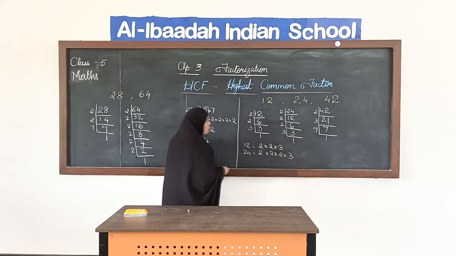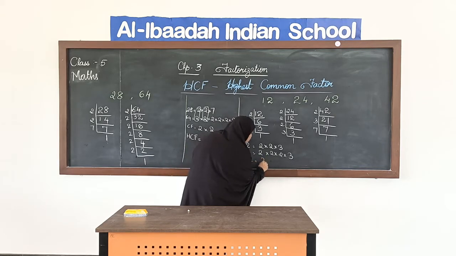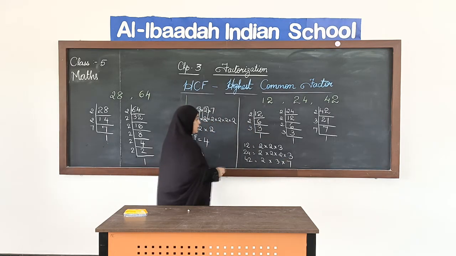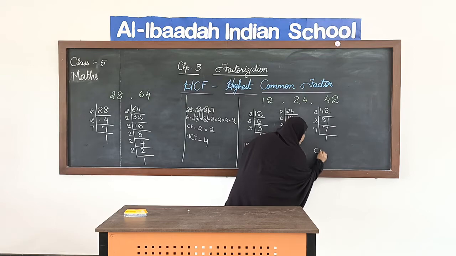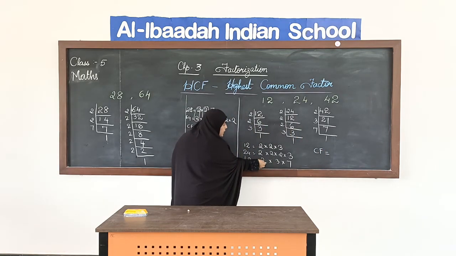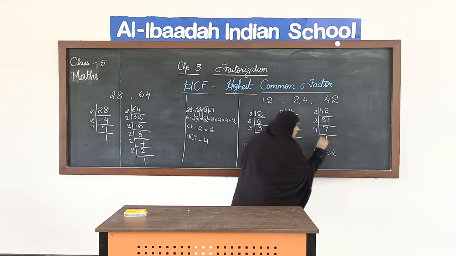And then for 42, the factors are 2 into 3 into 7. Okay. First we can see the common factors for all the 3. In all the 3 we can see that this 2 is common. Correct? So that we will write first.